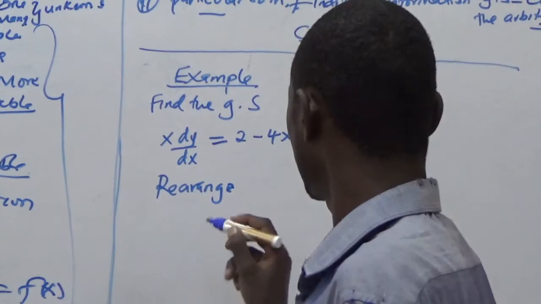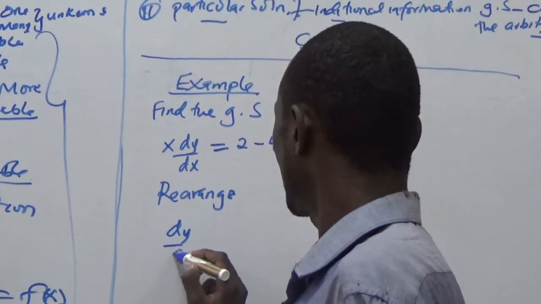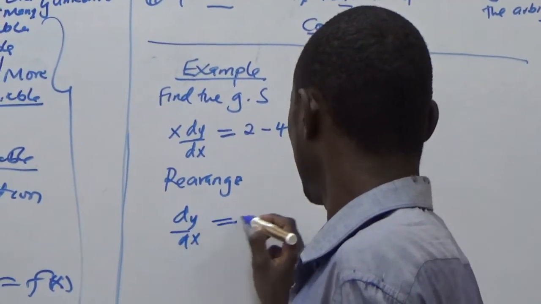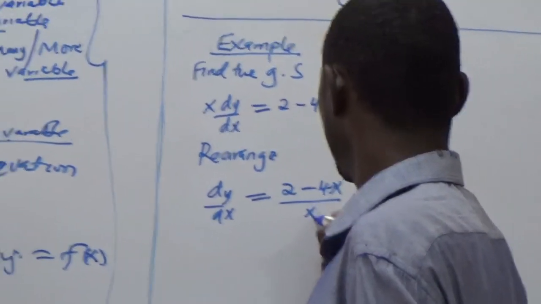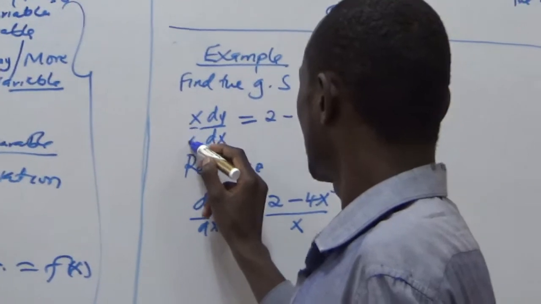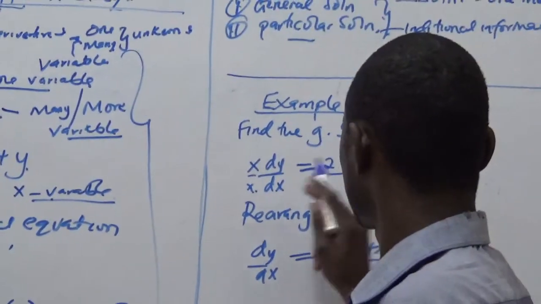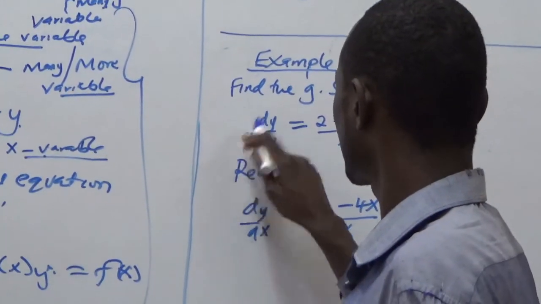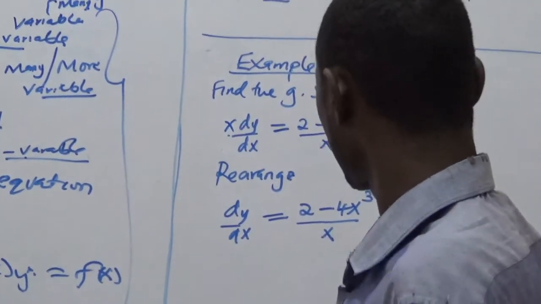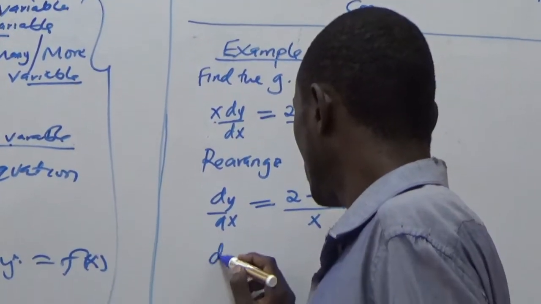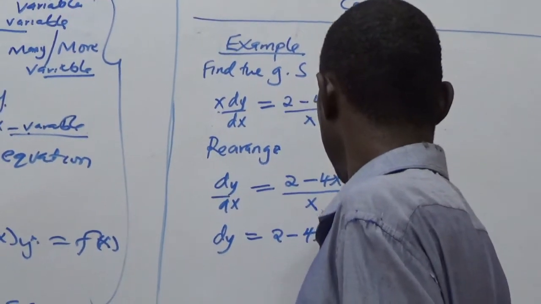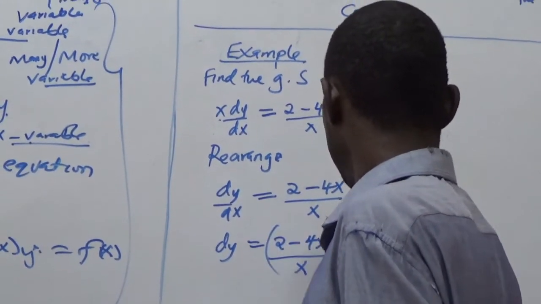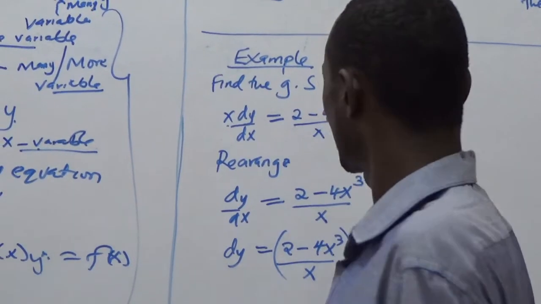In rearranging, you write dy over dx equals 2 minus 4x cubed over x. You divide here by x, then here by x, so that this x moves to this side. After this, you have dy equals 2 minus 4x cubed over x, the whole of this dx.